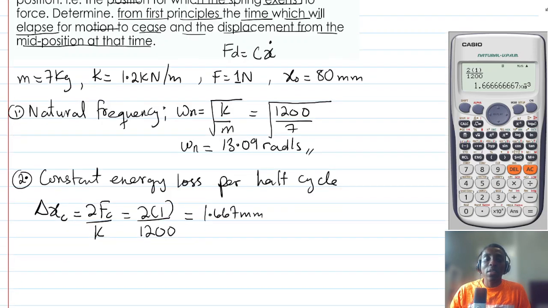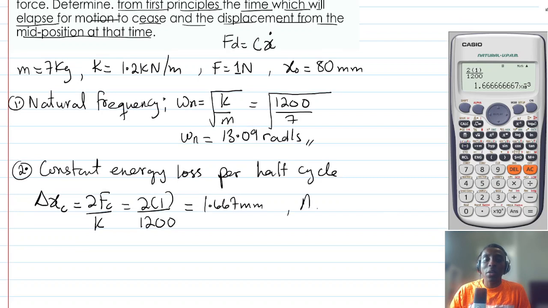This is the amplitude reduction per cycle, or rather per half cycle, let me put it that way.